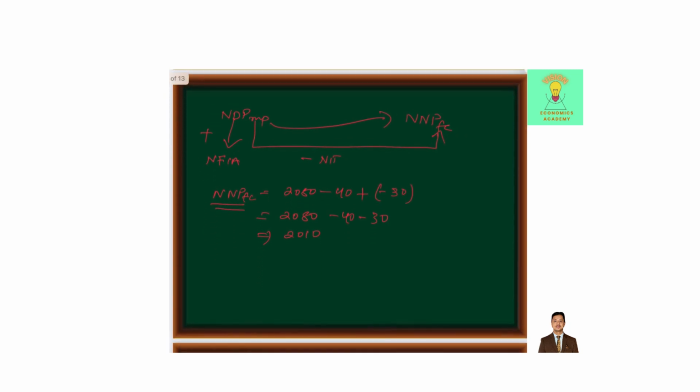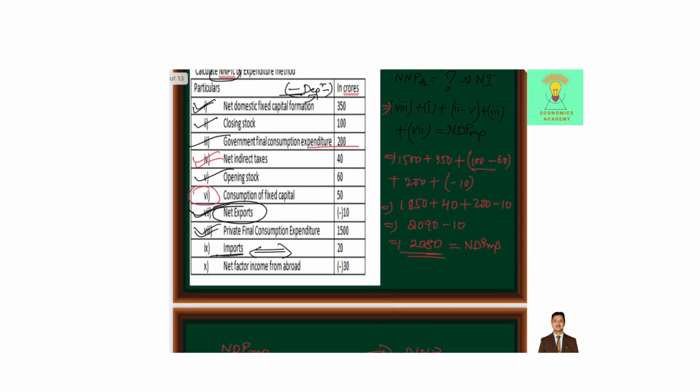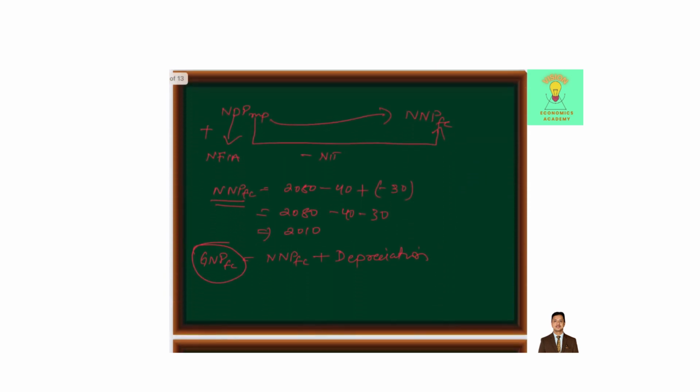So one extra bonus, okay? We'll find GNPFC as well. Now how to find GNPFC? GNPFC is nothing but NNPFC plus depreciation. Now the value of depreciation given here is consumption of fixed capital, another name for depreciation, that is 50.